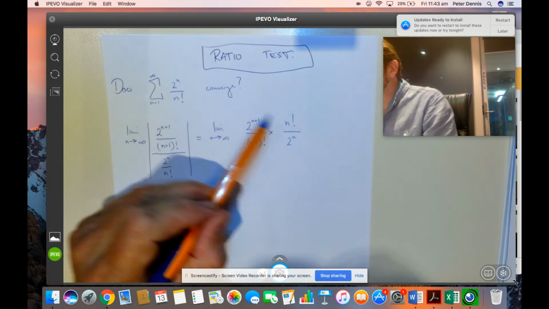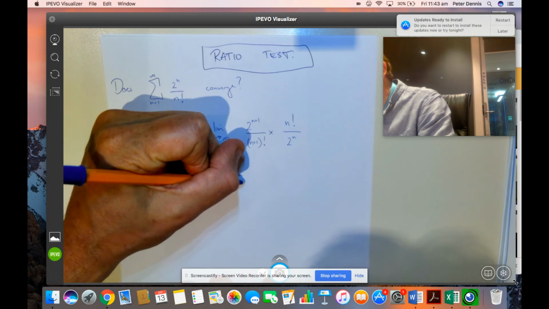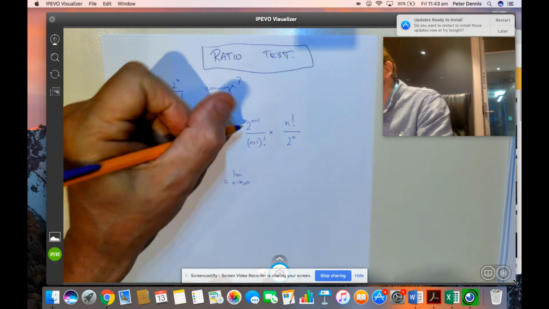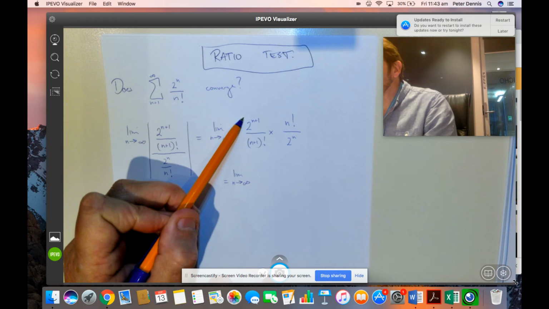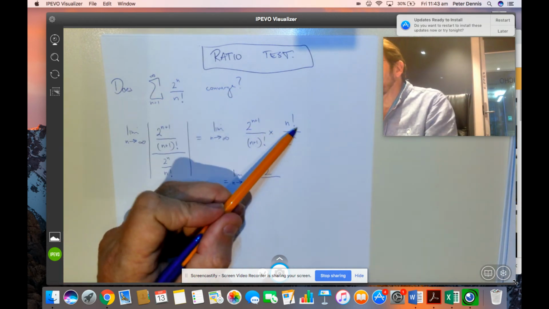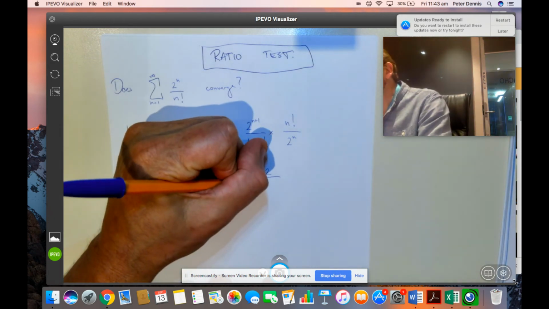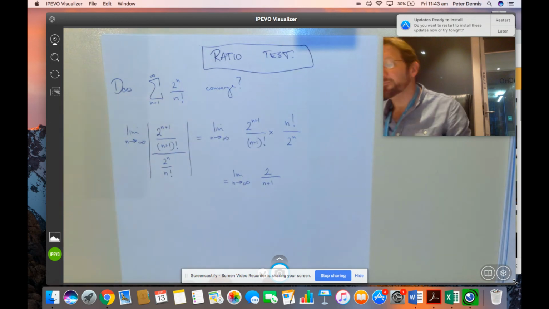If we cancel out here, 2 to the power of n can cancel out with 2 to the power of n plus 1 and just leave 2 up top. n factorial divided by n plus 1 factorial leaves an n plus 1 at the bottom.